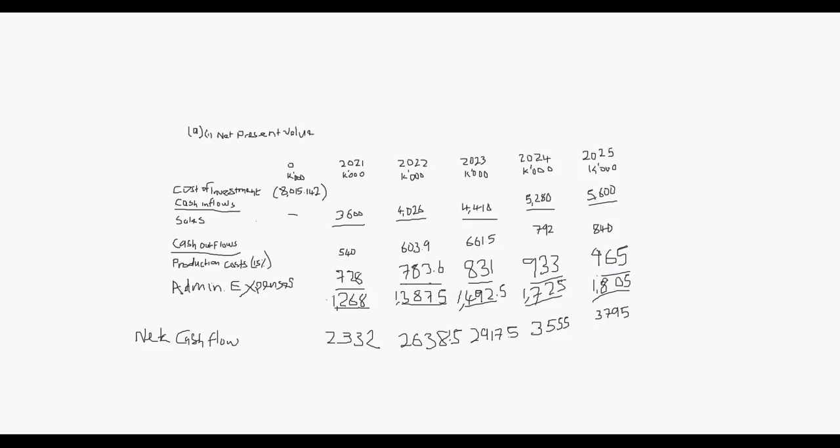So here we say we multiply by the discount factor. So the discount factor as given in the question. I'm not very sure whether it's 10%. You can confirm on the question. So we are going to discount these figures at 15%, at 10%. So let's check the question.